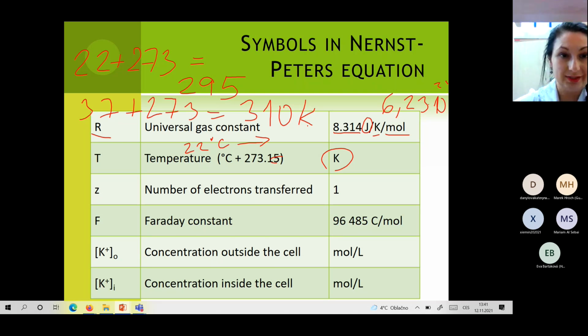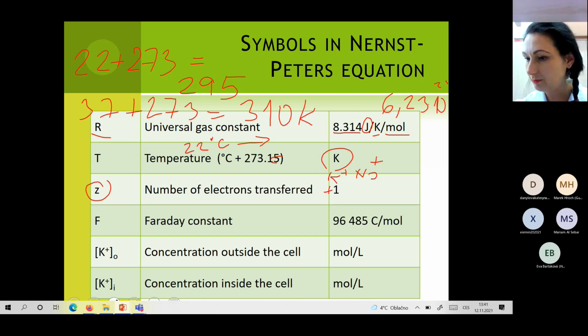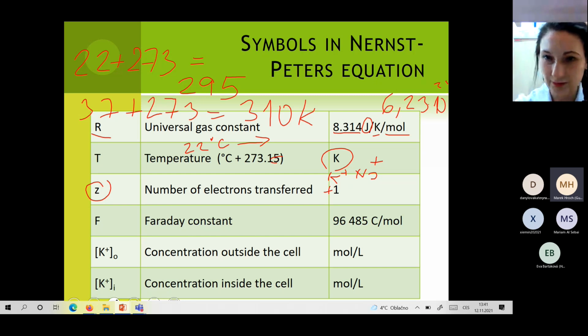Okay, so tell me, for potassium, that number is +1, so this is for potassium. So what about for sodium? What about Marek? Also +1? Yes, another point, so +1.